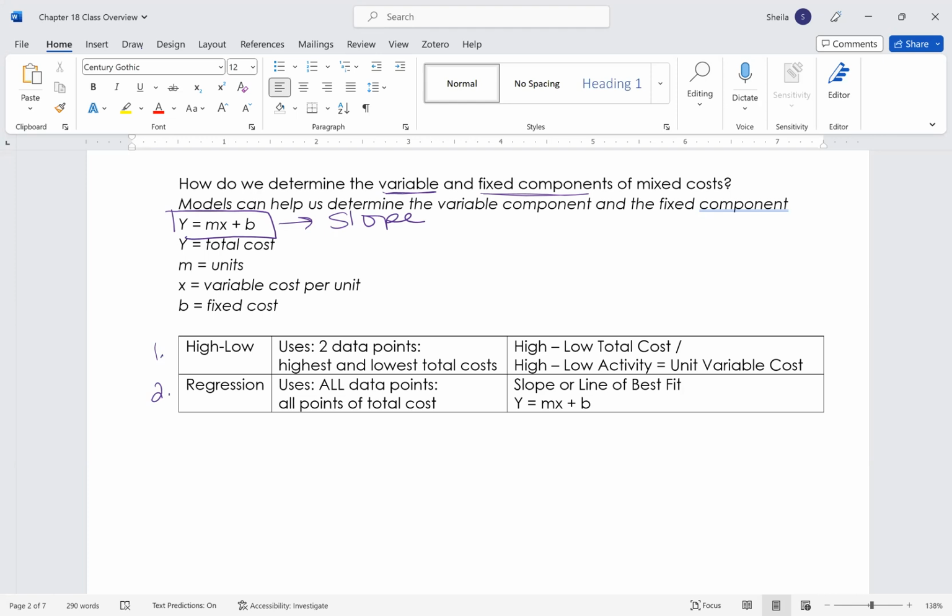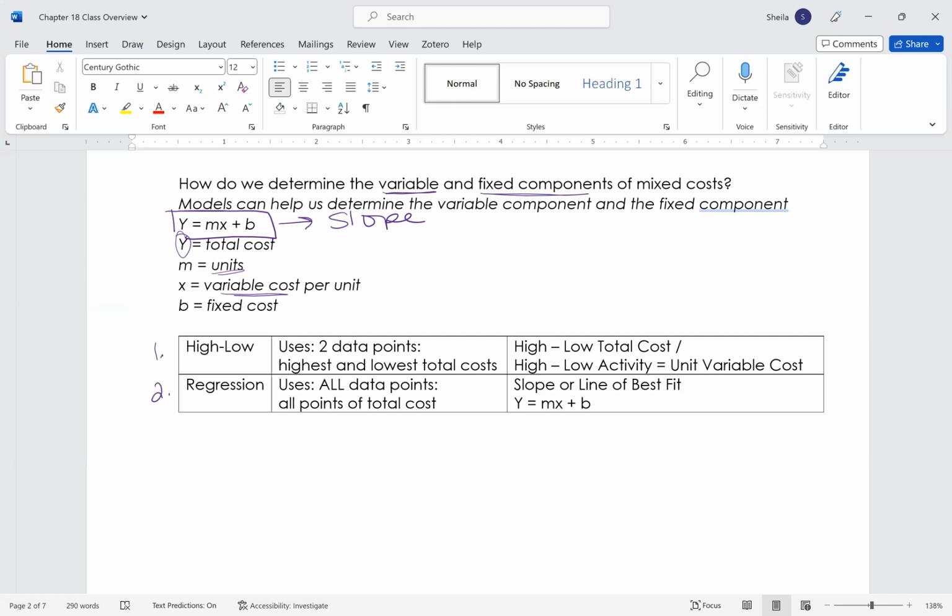We're basically using our total cost, which is represented by Y, and that takes into account how many units or activity we have times our variable cost per unit plus our fixed cost. And that's going to allow us to either one, separate a total cost item into variable and fixed, or we can actually make some forecast or some estimates about what those mixed costs might be.